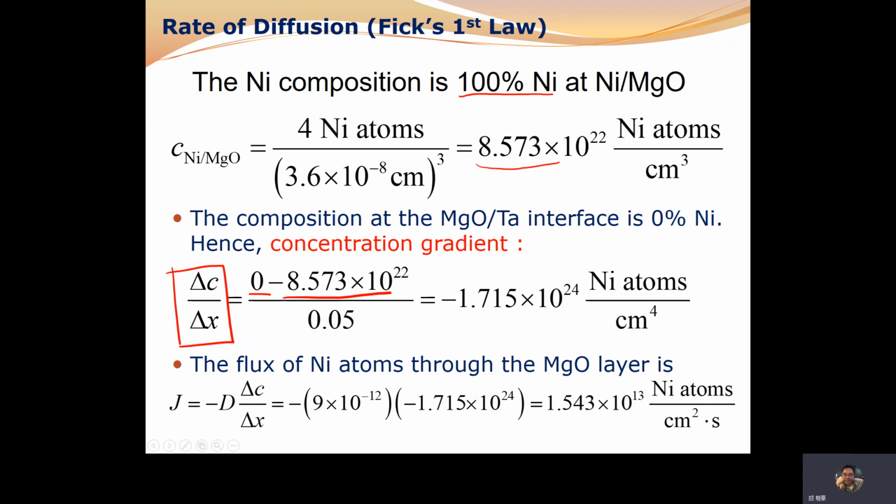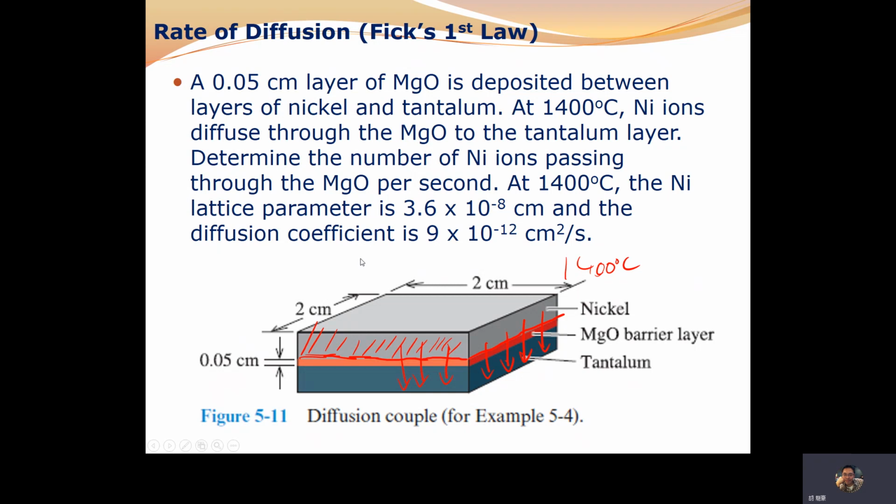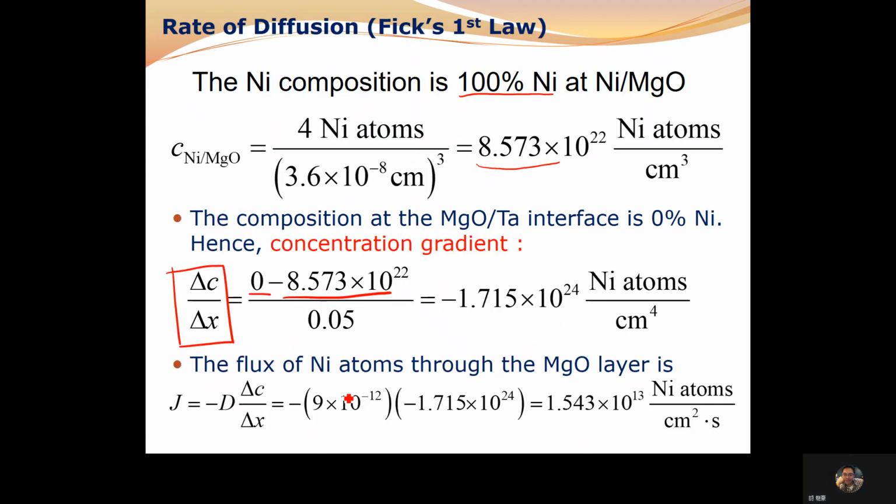And the flux of the nickel atoms through the magnesium oxide layer, the flux J, equals minus D, where D is the diffusion coefficient, times the concentration gradient. We already know the diffusion coefficient, which is a constant, equal to 10 to minus 12, times the concentration gradient, minus 1.715 times 10 to 24. That equals 1.543 times 10 to 13 nickel atoms per centimeter squared second.